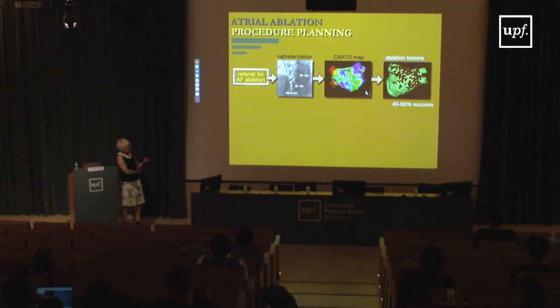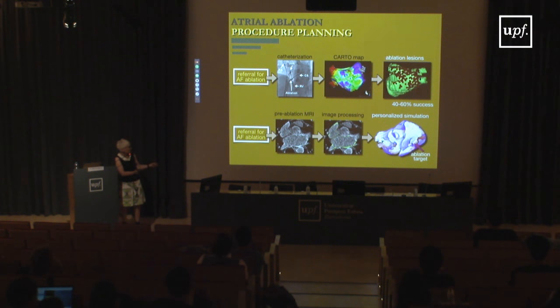So this is how ablation is currently done. The patient comes for ablation, they map the heart, and then they burn in areas that they think are good targets. We want to completely substitute that, do image processing, predict where the ablation target is, and provide that to the clinician directly. So the procedure is done completely driven by simulations.